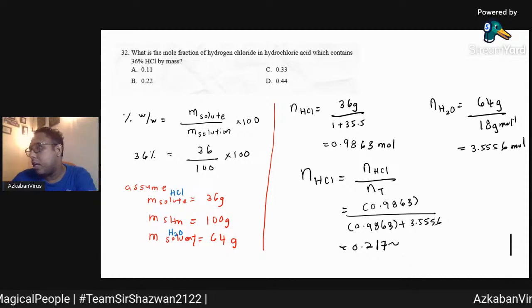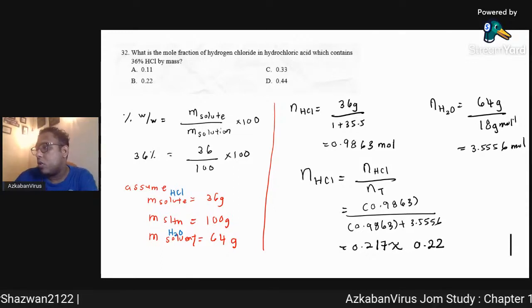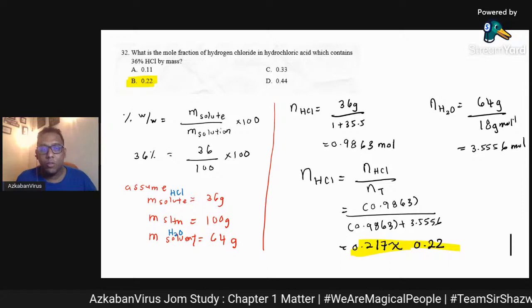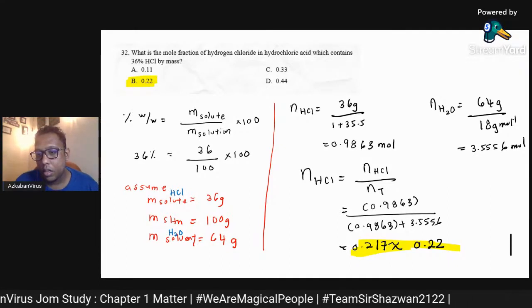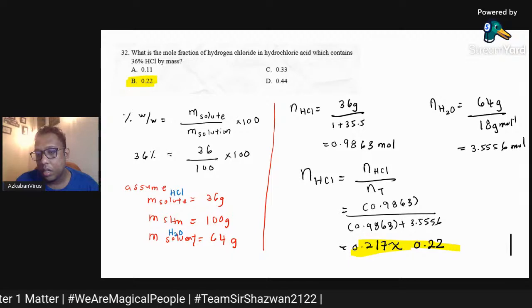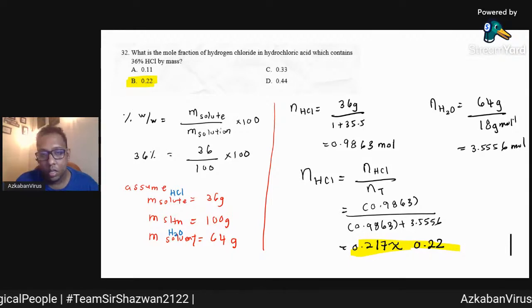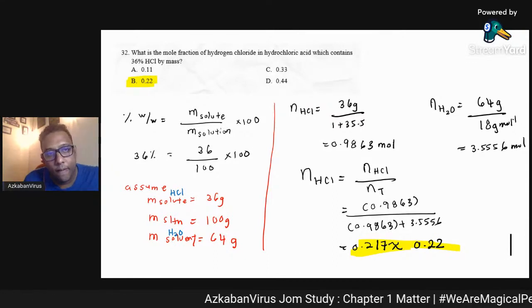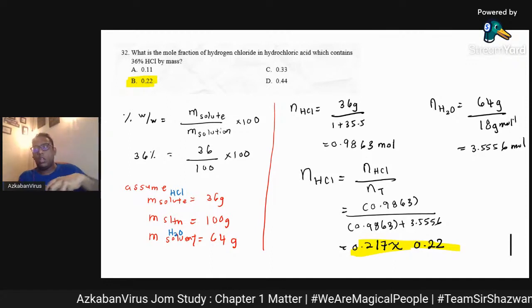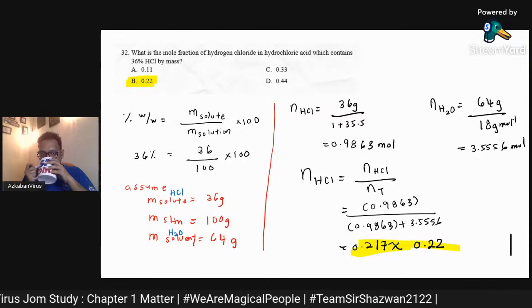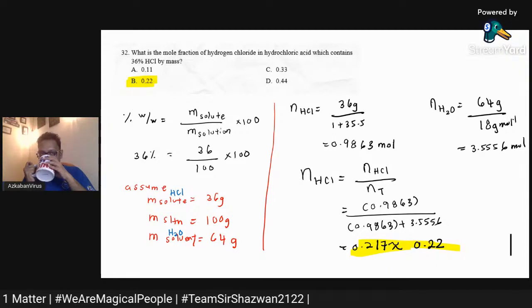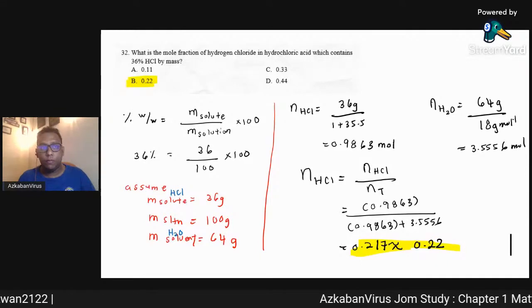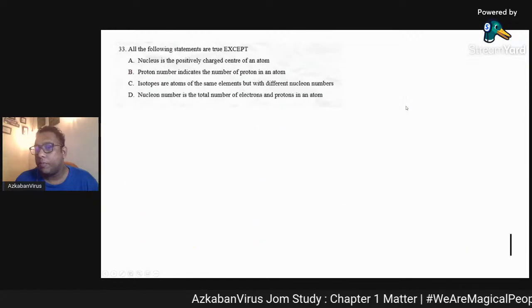Okay, so approximately is equal to 0.22. So inilah jawapan kita. Jawapan kita adalah B. Susah ke soalan ni?